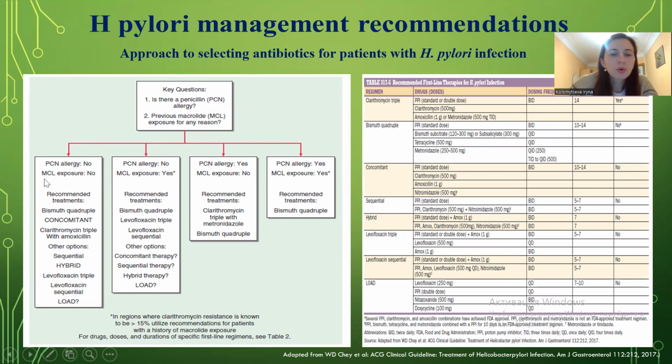No allergy, no macrolide exposure: recommended treatment. Case without allergy but with present macrolide exposure: recommendations. Allergy present and macrolide exposure absent: recommendation. And when allergy and macrolide exposure are present: recommended treatment.